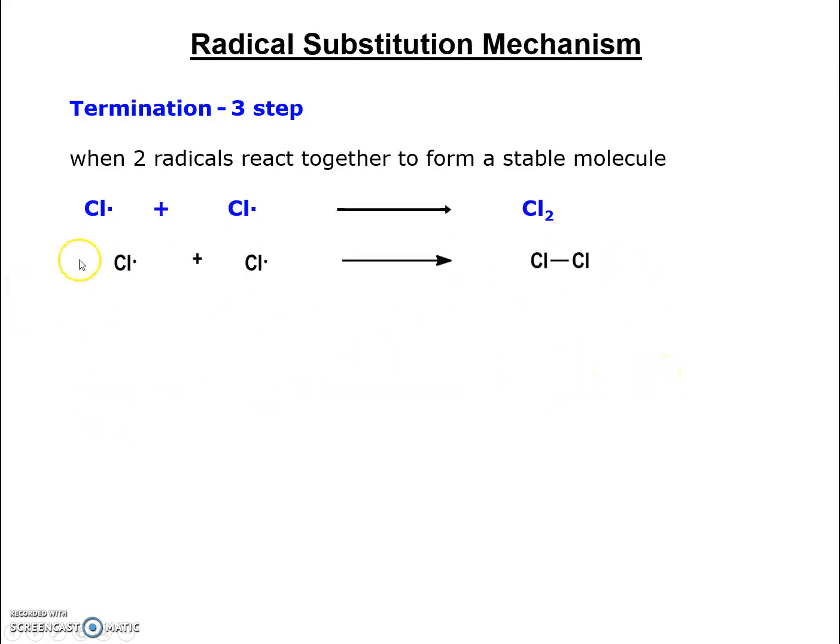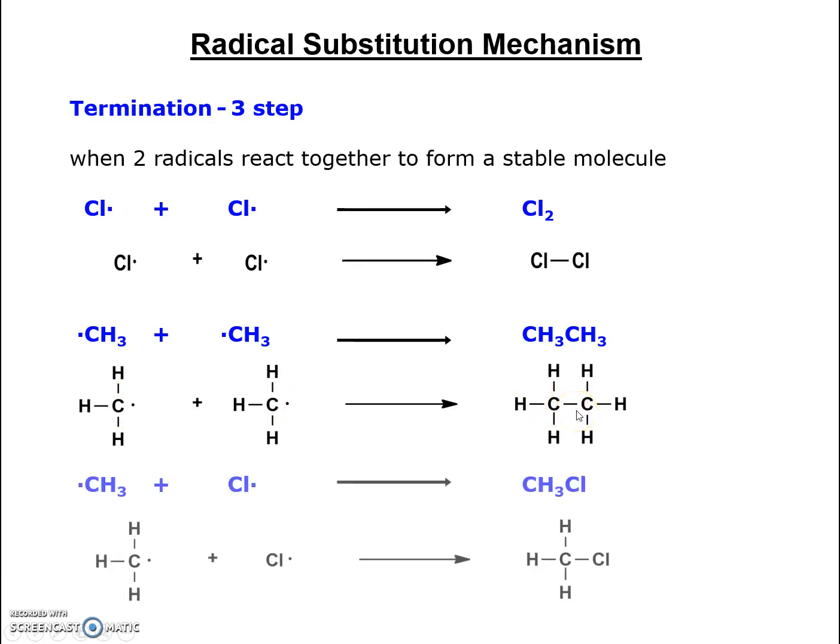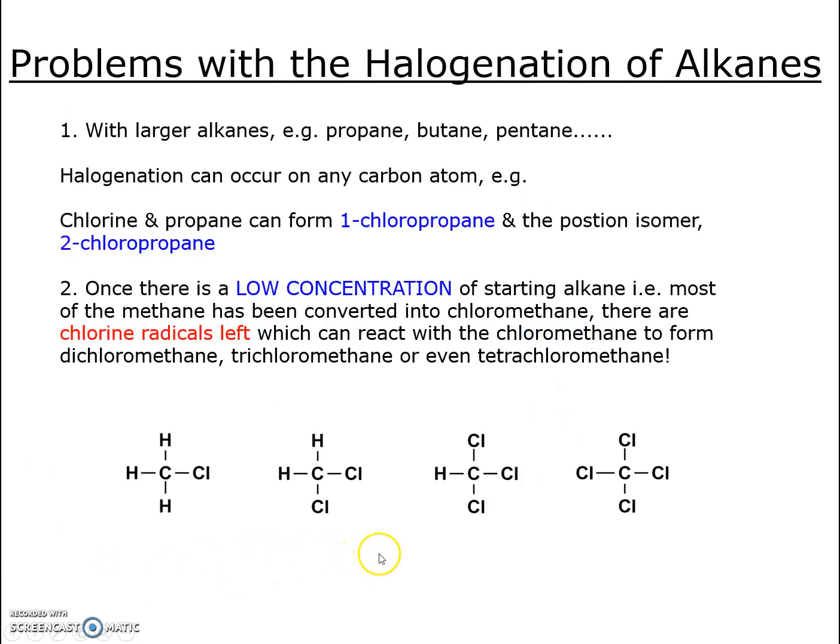Again, just showing it using our displayed formulae. The two methyl radicals have got the unpaired electron on the carbon, and so the newly formed bond is between these two carbon atoms. And similarly, the carbon radical makes a bond with the chlorine radical here.